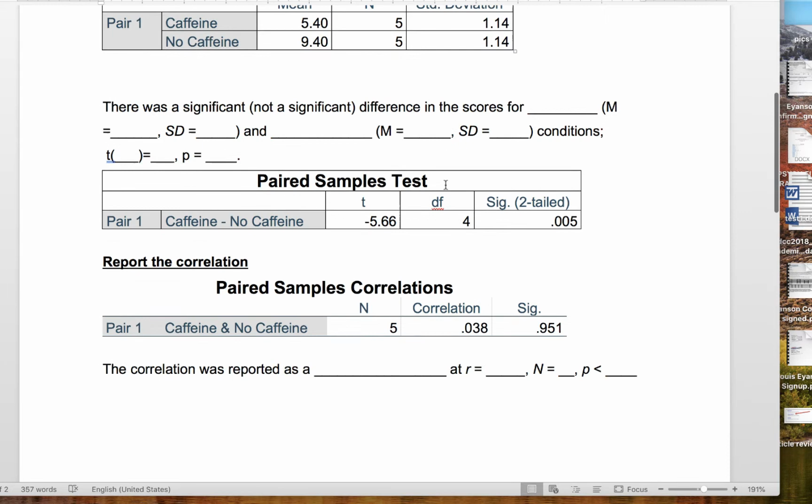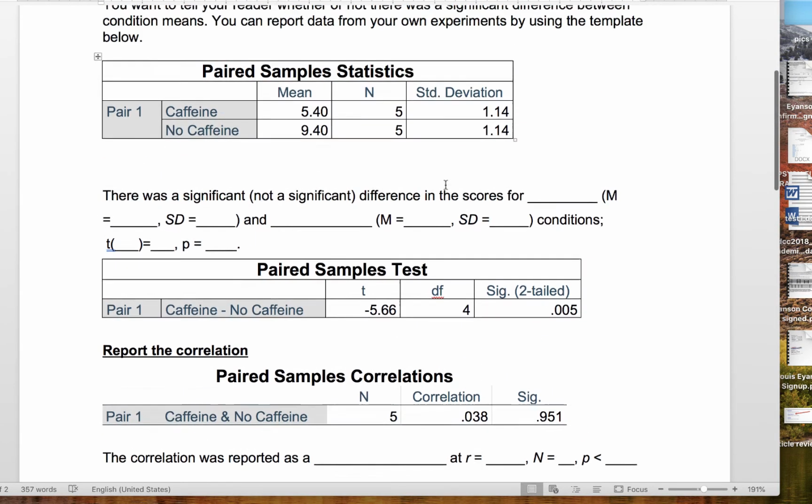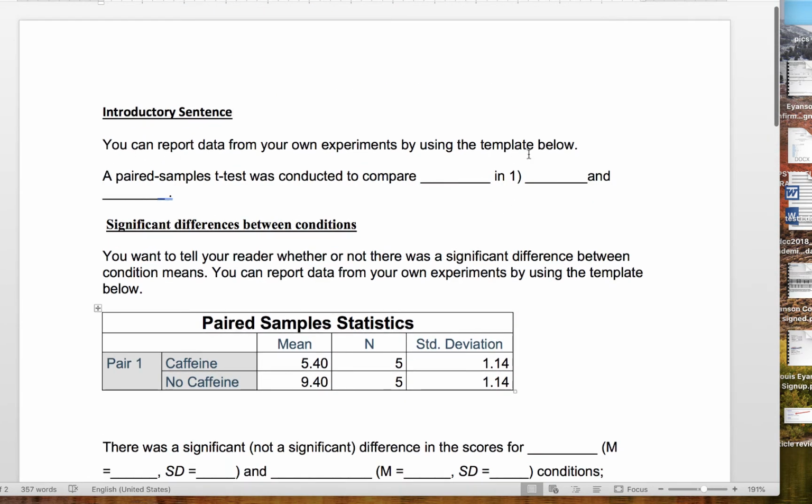Okay. So your introductory sentence is just like all the other ones. A paired sample t-test was conducted to compare. Now I'm going to take this out. And what we're looking at is hours slept. So the data was hours slept. So we put hours.